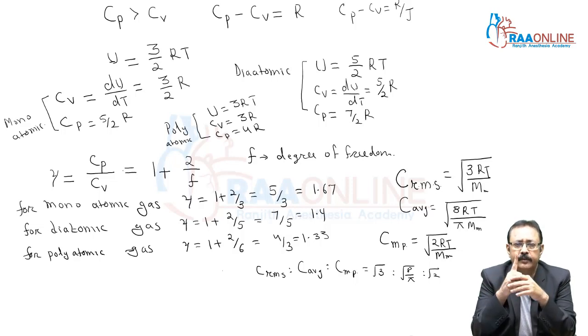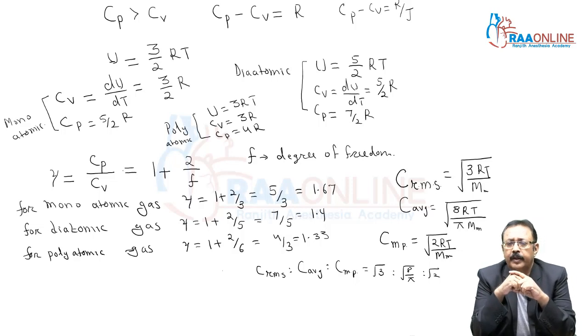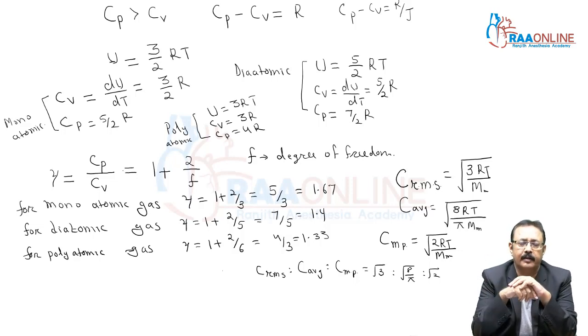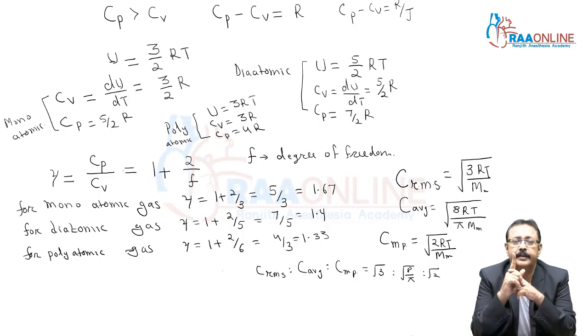If you want to increase the temperature by 1 unit for 1 mole of gas at constant volume, for monoatomic gas it is 3 upon 2 R, and for diatomic gas it is 5 upon 2 R. So first calculate the total amount of heat required to increase the temperature by 1 unit. Getting my point? Then calculate it for 1 mole. Then you will get Cp and Cv.